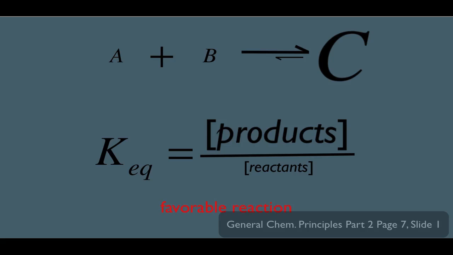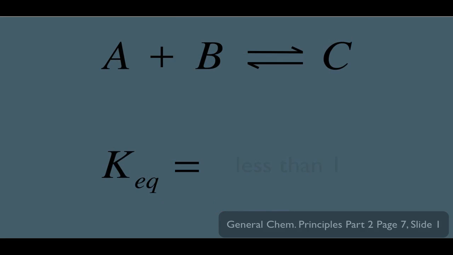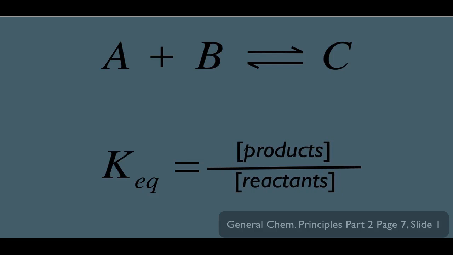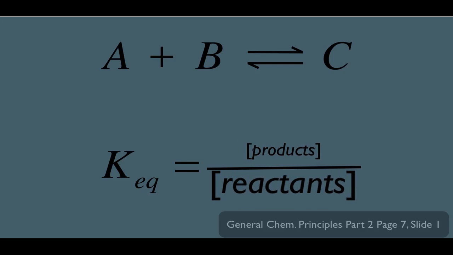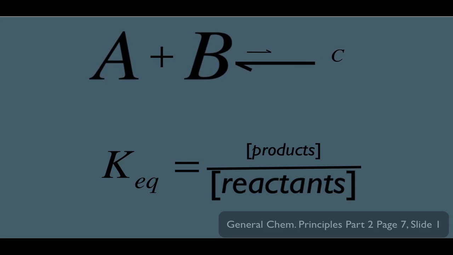But what about the opposite here? What if your KEQ value is less than 1? Well, again, if we look at products over reactants, in this case, you're going to have a higher amount of reactants than you are products. So at the end of equilibrium, you have more A and B than you would have C. This, of course, would be called a non-favorable reaction.